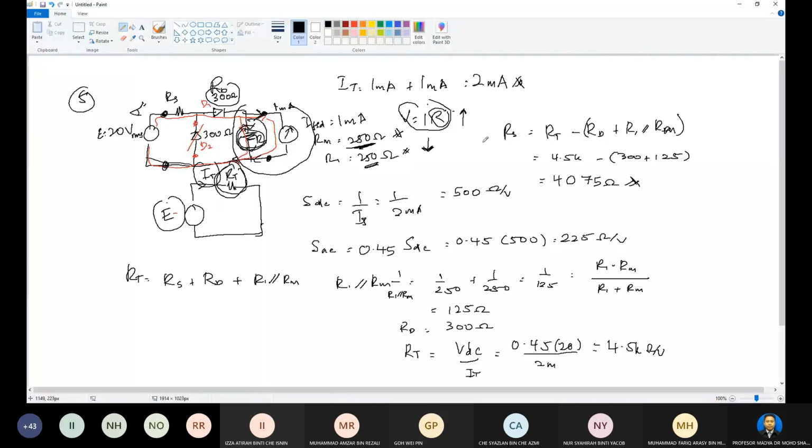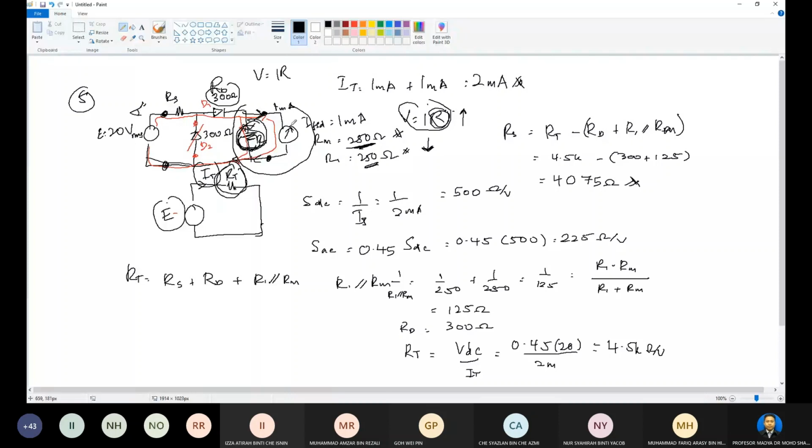So this is a relationship. That's why you can answer from this equation, Ohm's law. When the resistor is increased, the current flow here will be reduced. So that is the answer for question number 6.